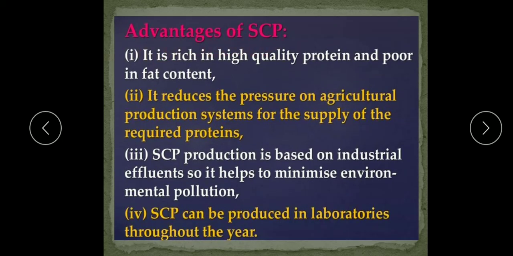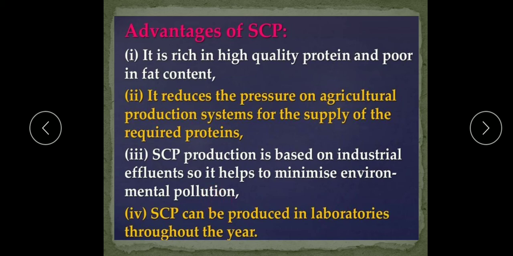Advantages of SCP: it is rich in high quality protein and poor in fat content. It reduces the pressure on agricultural production systems for the supply of the required protein. SCP production can be based on industrial effluents, so it helps to minimize environmental pollution.